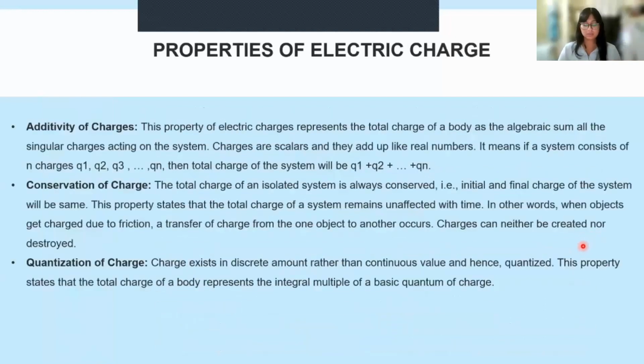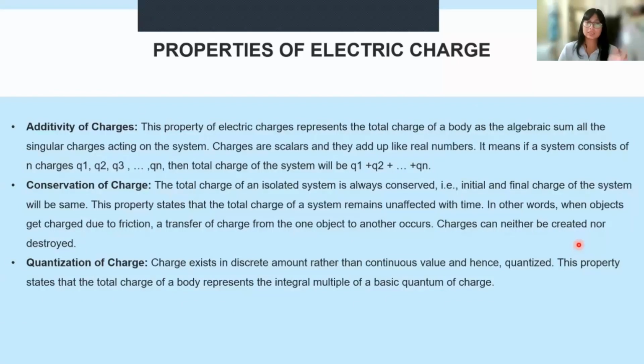So now we come to some properties of electric charge. There are some basic properties that are followed by the electric charge. The first one is the additivity of charges. Charges can be added up like real numbers, so the total charge within a body can be presented as the algebraic sum of all singular charges that are acting on it.